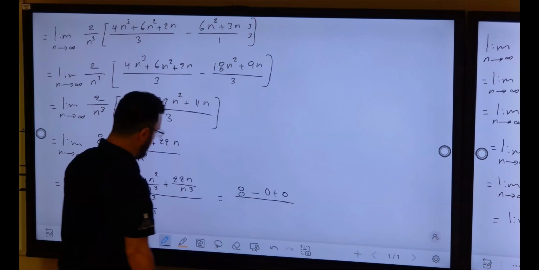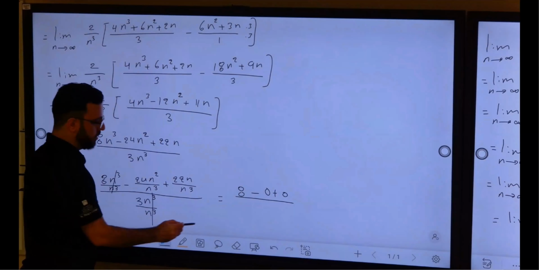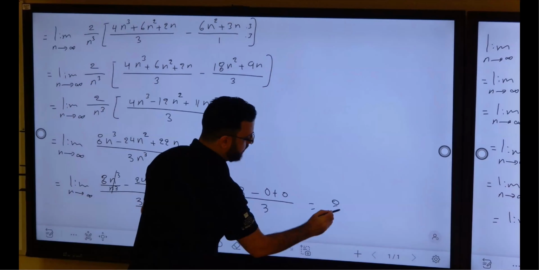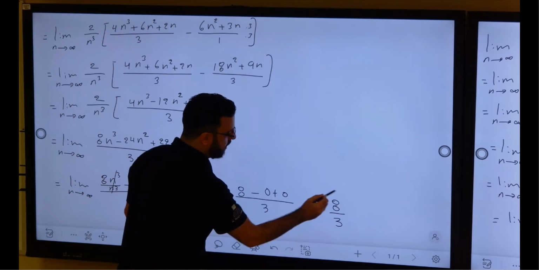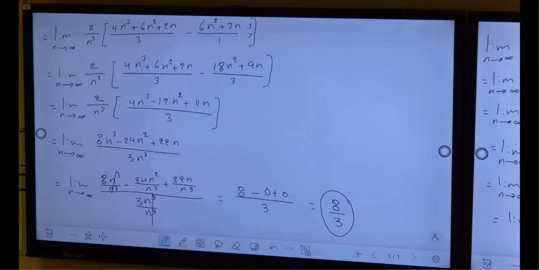Over 3, cancel these, so it's going to be 3. The limit for a constant is the constant. That means it's going to be 8 over 3. You got it? A little bit easier.